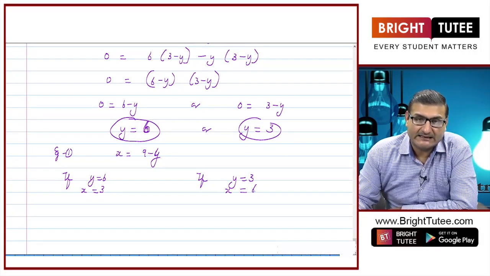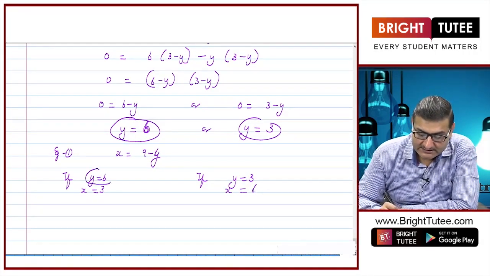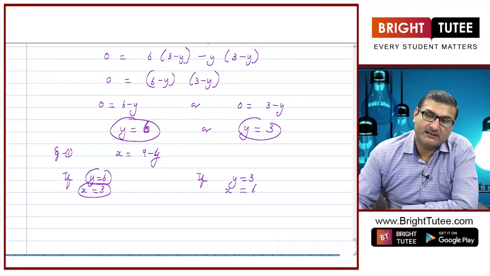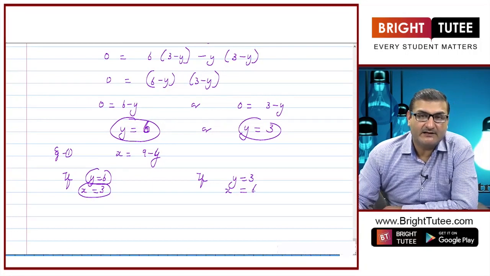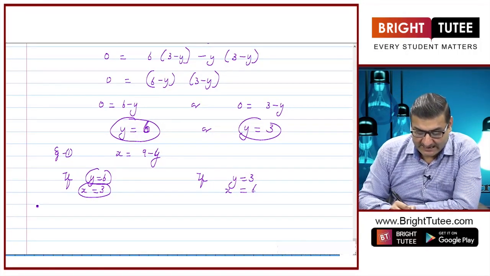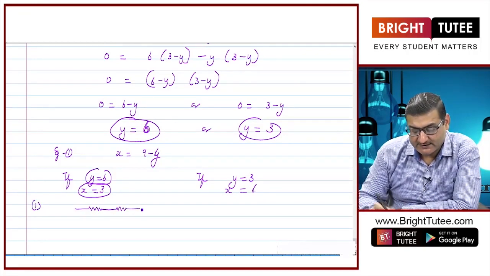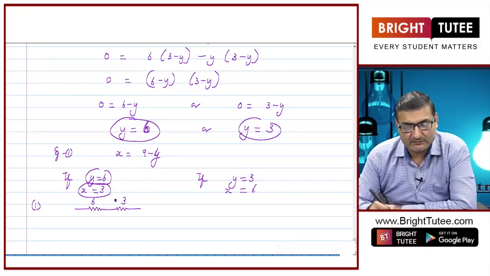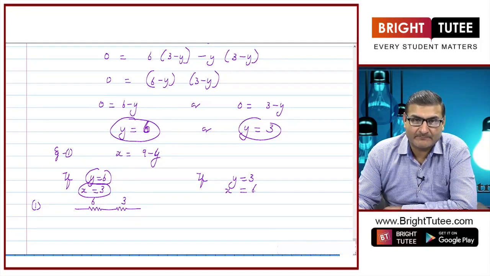So we find that the first resistance is of 6 ohms and the second resistance is of 3 ohms, because x and y we have taken to be these two resistances. Now as per the question, these two resistances when connected in series, the first resistance was of 6, second is of 3, you can take 3 or 6, both are one and the same thing, right.